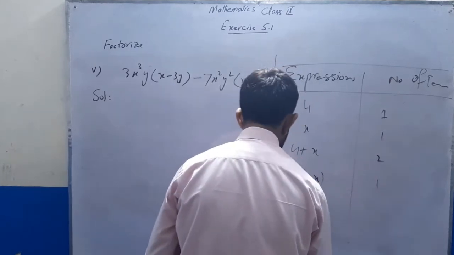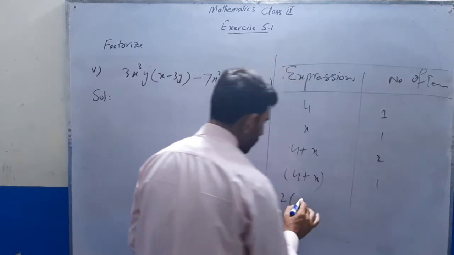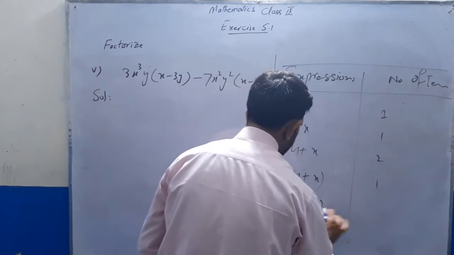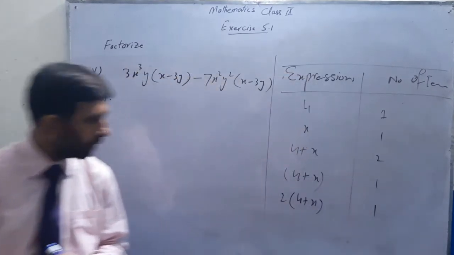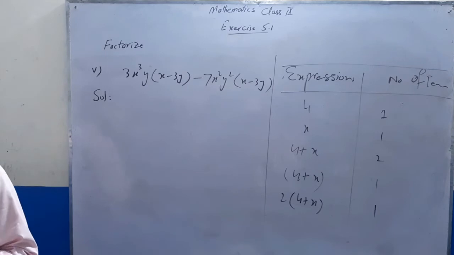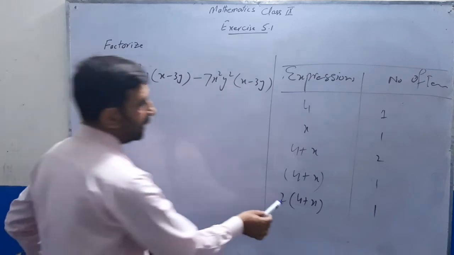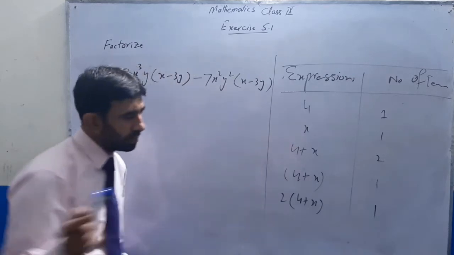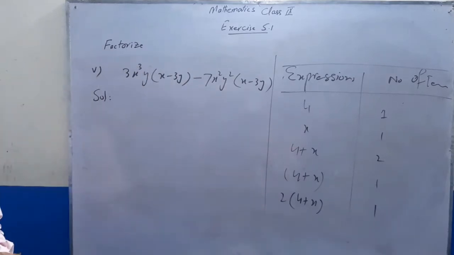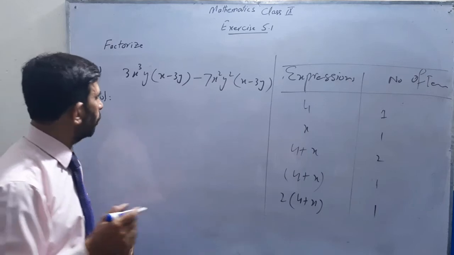And whenever any number is multiplied, it remains one term, because multiplication doesn't affect the number of terms. So 2 into (4 plus x) is still one term.